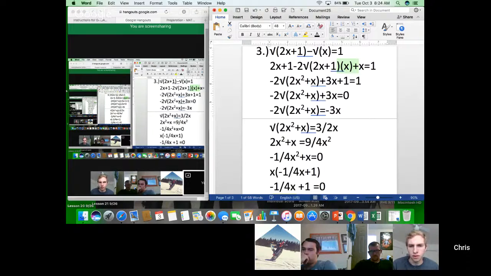I'm not sure. Because you could just square both sides and it would just end up 2x plus 1 minus x equals 1. Yeah, that's what I was thinking too. What I would do is subtract the square root of x over and then square both sides. That probably would have been a better idea. Then that would get rid of both your squares. So I'd get square root of 2x plus 1 squared equals 1 plus the square root of x squared, and I'd get rid of both your squares, right? That's a better idea.